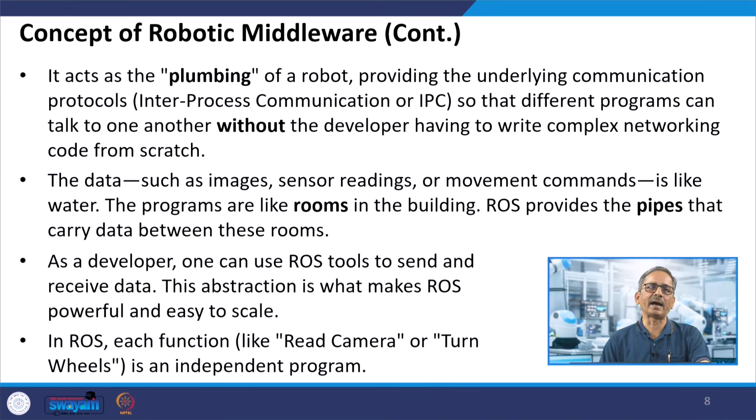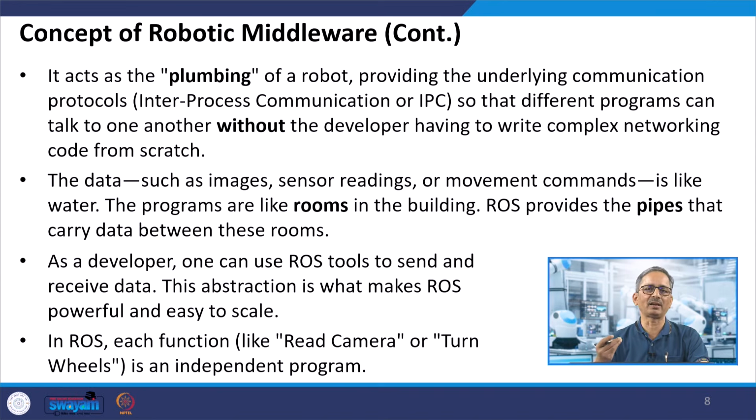For example, data could be in the form of images, if you are using a camera, or readings of sensors, or movement commands. These are like water, and the programs are like rooms in a building, and ROS basically provides the pipes that carry data between these rooms.